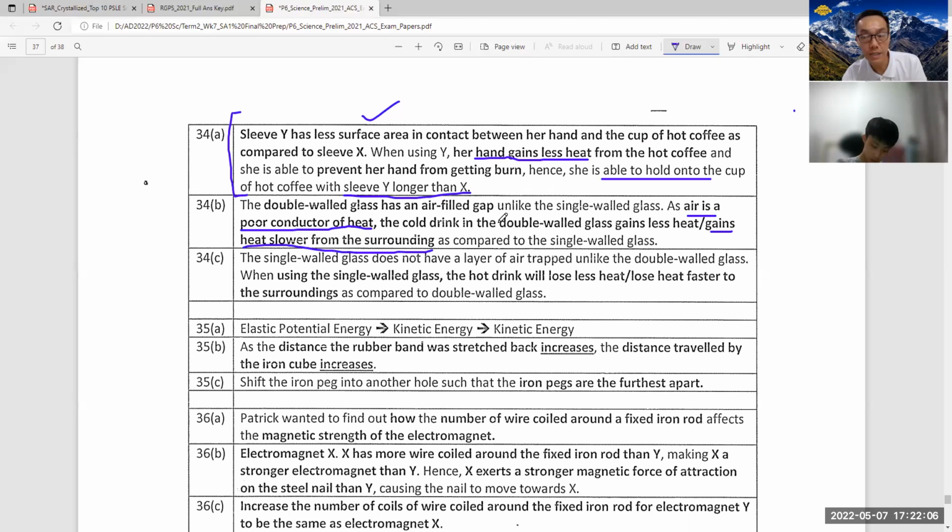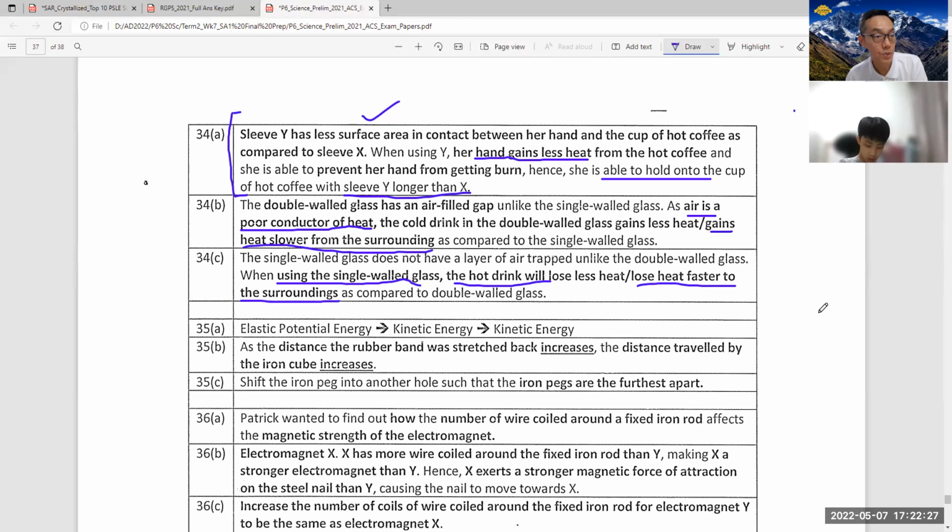Part C now is using the hot drinks. The single-walled glass does not have a layer of air trapped, unlike the double-walled glass. So this is an important part. Using a single-walled glass, the hot drink will lose heat faster to the surrounding.